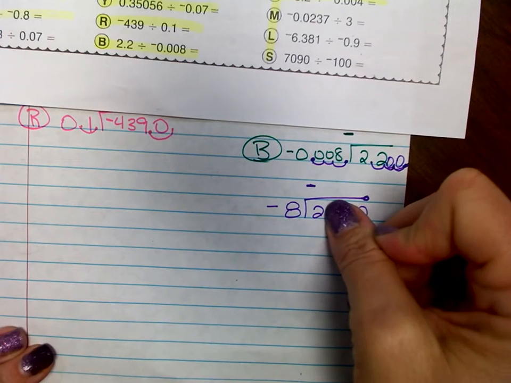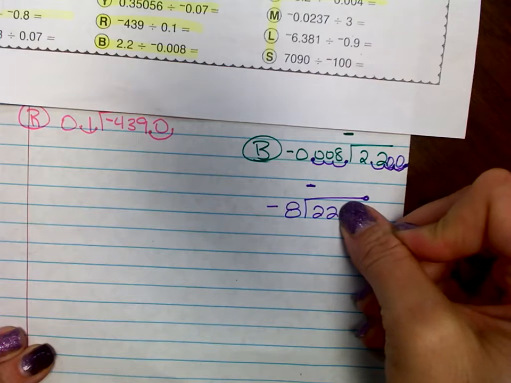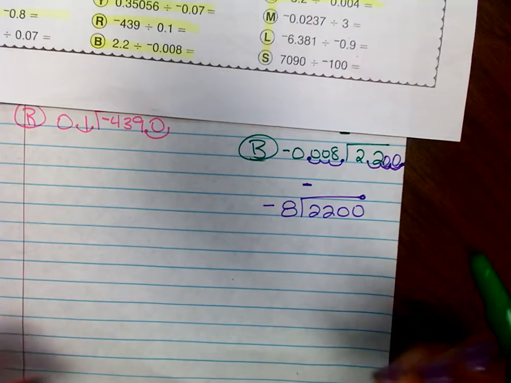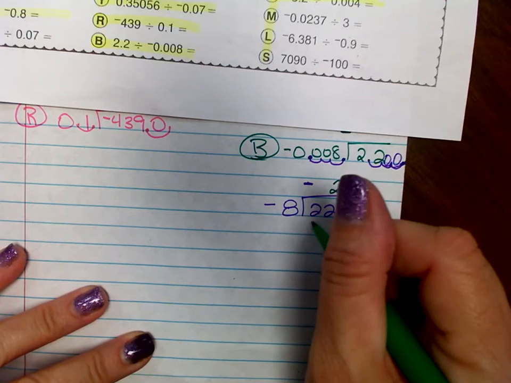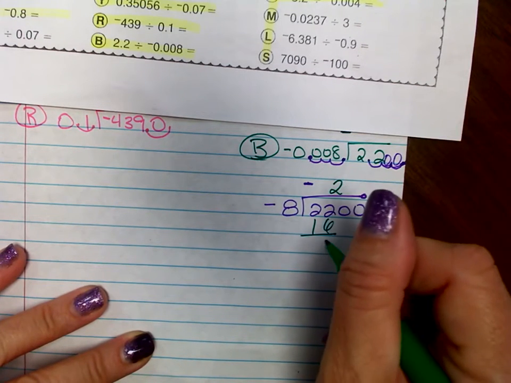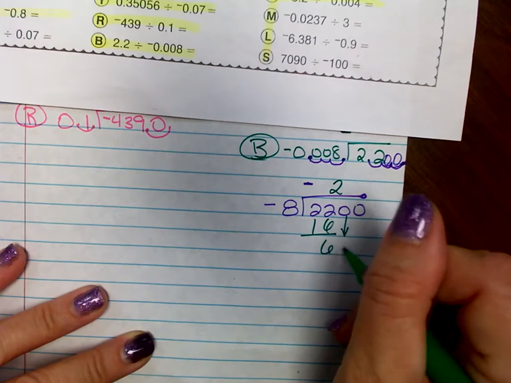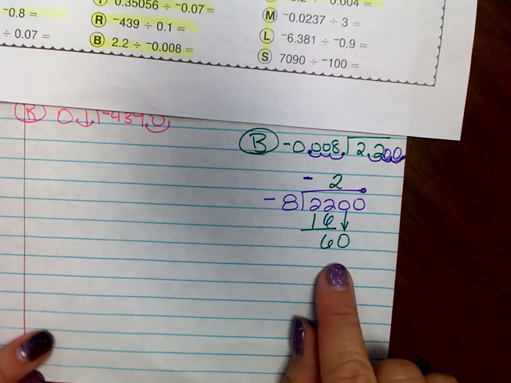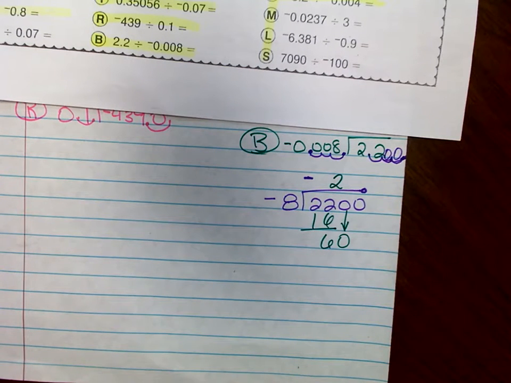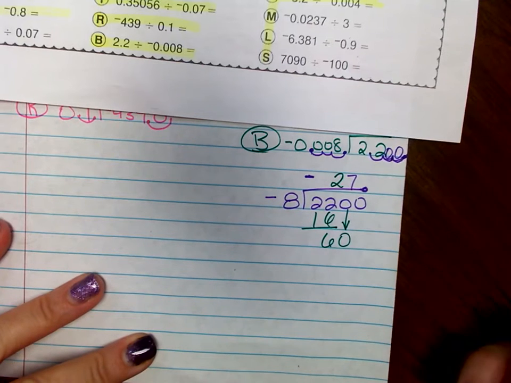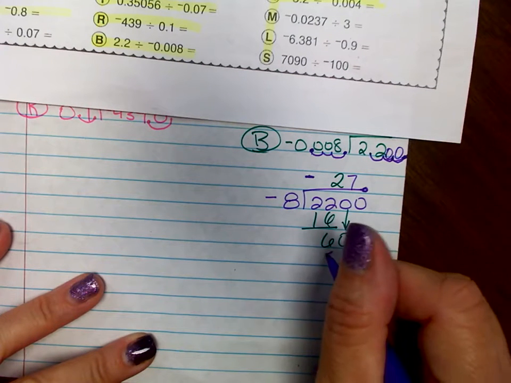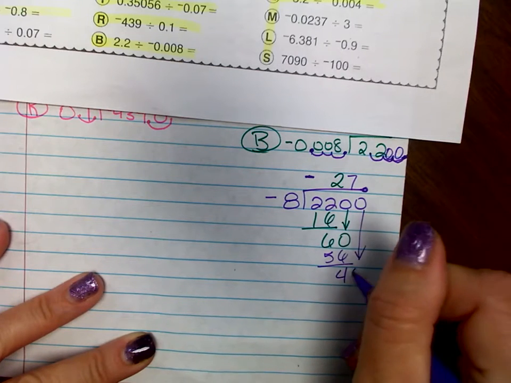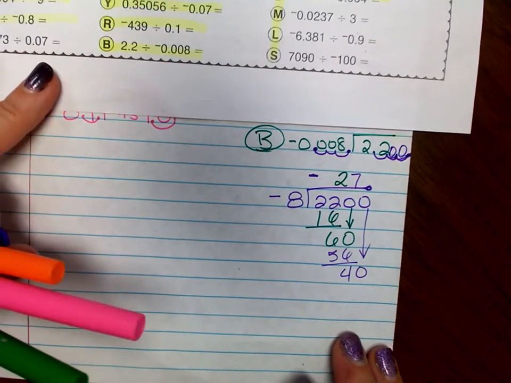Okay, so can 8 go into 2? No. Can 8 go into 22? Yes. 2 times, 16, 6 left over, bring down the 0. 8 can go into 60 7 times, that would be 56. 4 left over, bring my 0 down, and that's 40.